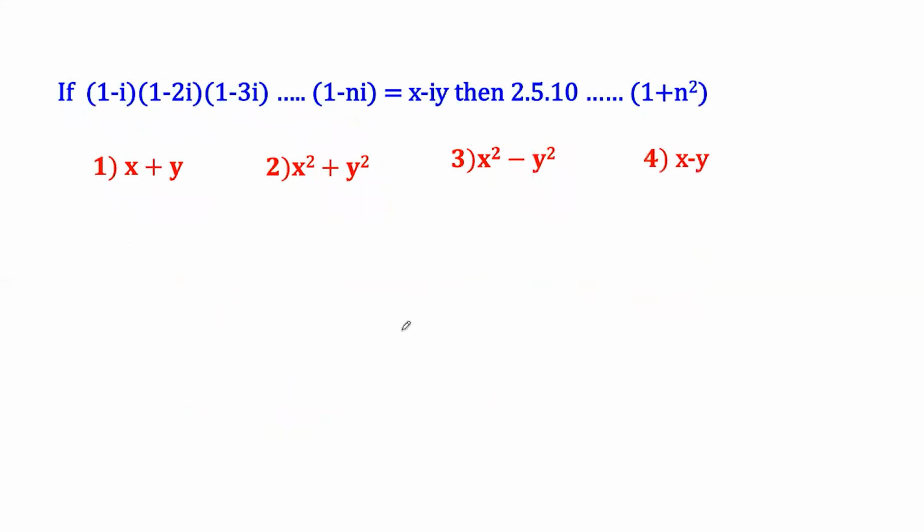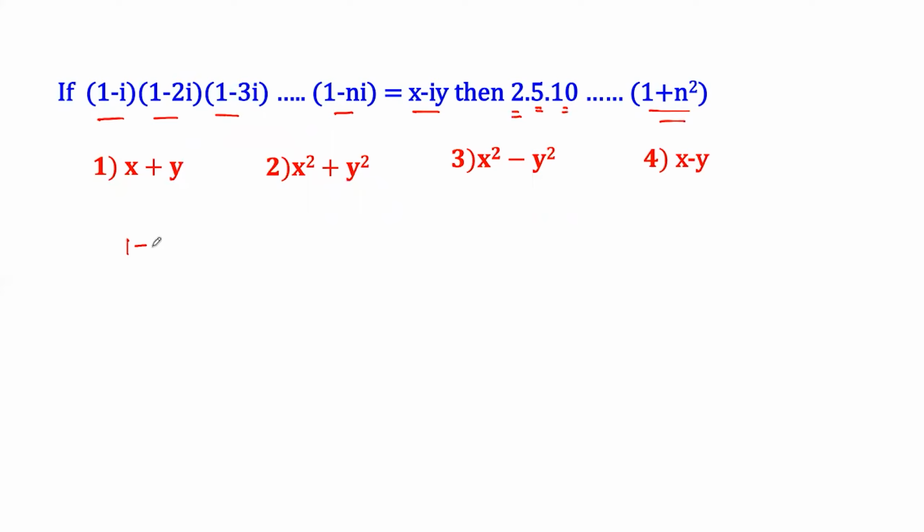Again, if you see this question carefully, you are getting the same thing in a different question. See, this is 1 plus i, 1 plus 2i, and so on, and we have to find the value of 2, 5, 10, and 1 plus n square.